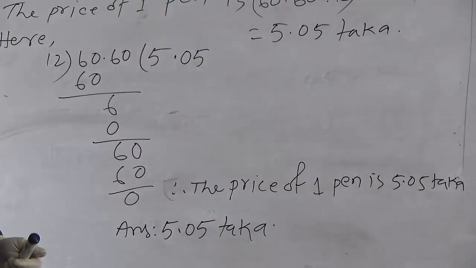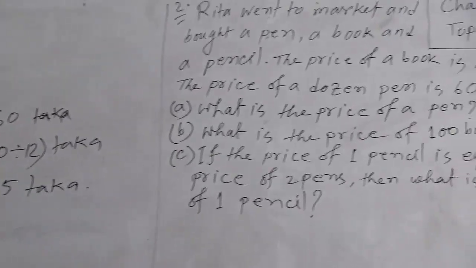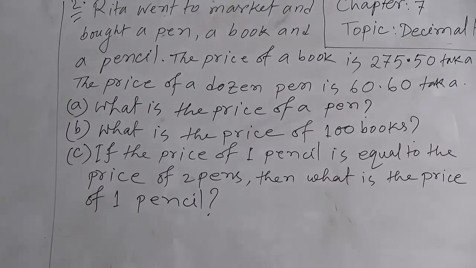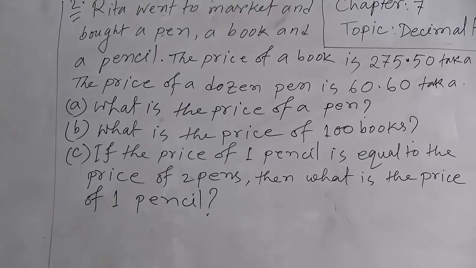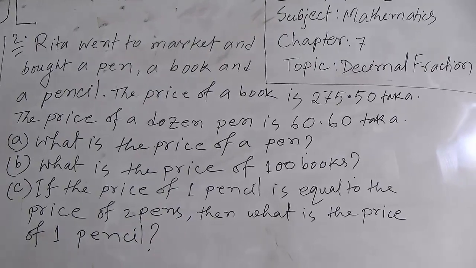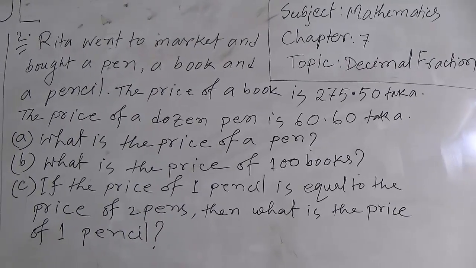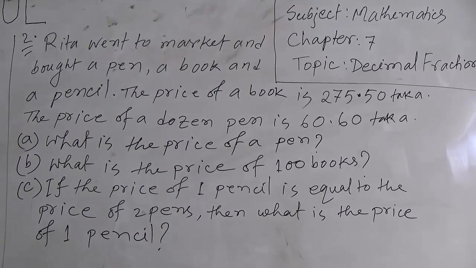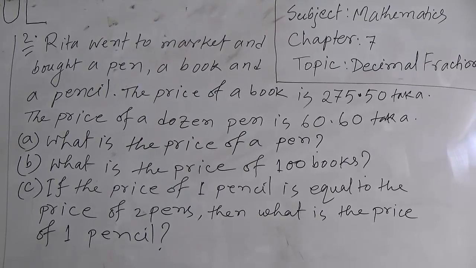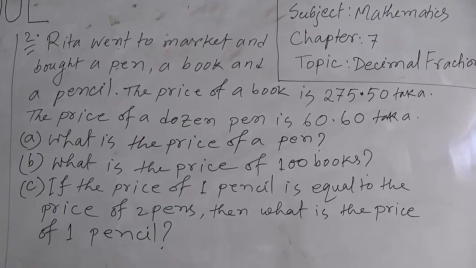Now I will solve question B. Let us see question B. Question B is, what is the price of 100 books? For this, the information given, the price of a book, it means the price of one book is 275.50 taka. So if we multiply the price of a book by 100, we will get the price of 100 books.